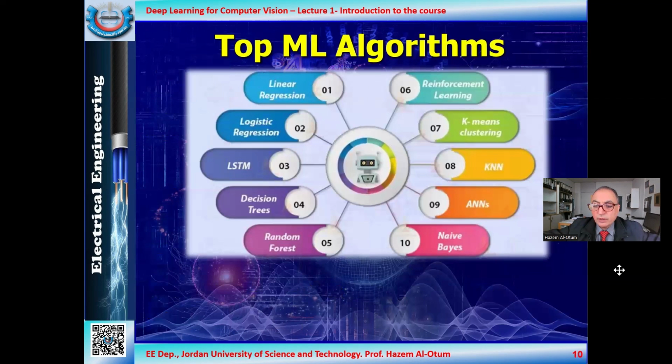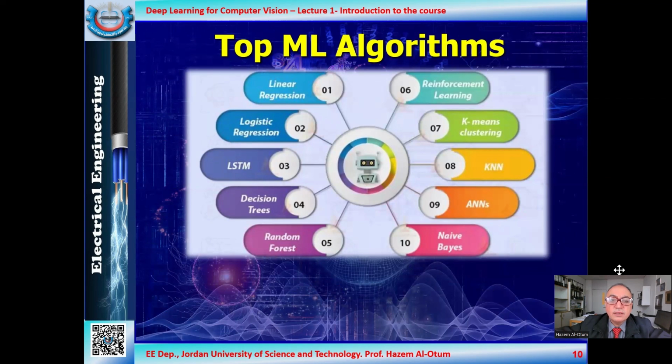Now, the list is very long when we talk about the applications or algorithms of ML. Here we'll start with linear regression, a very simple machine learning application. Then we'll go to the slightly more advanced logistic regression, and then LSTM.